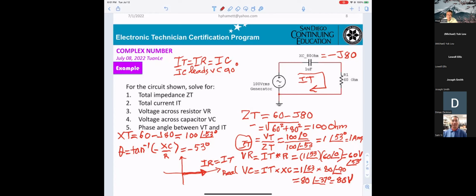Now, where's VT on this? Next, you need to draw for VT. So if you want to draw for VT, you need to draw for VC or IC, right?